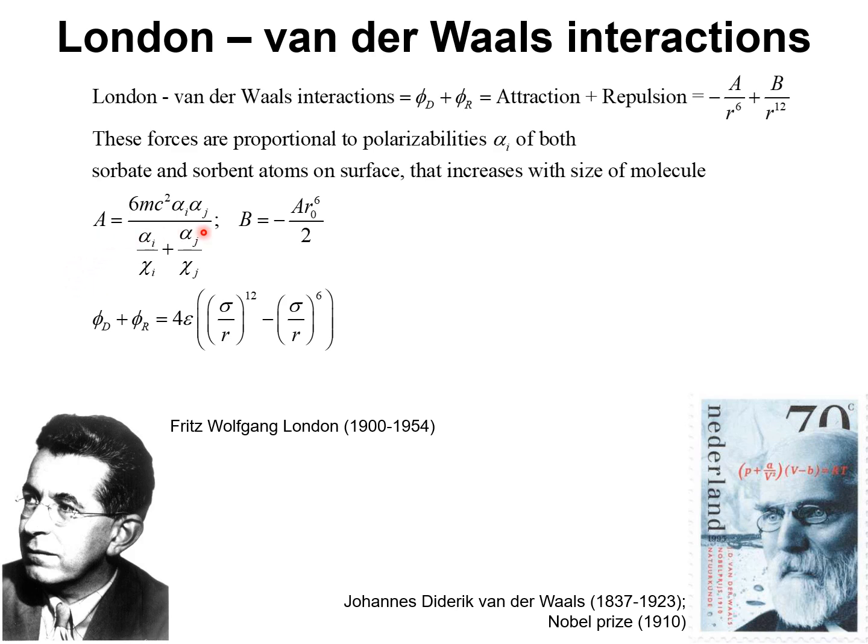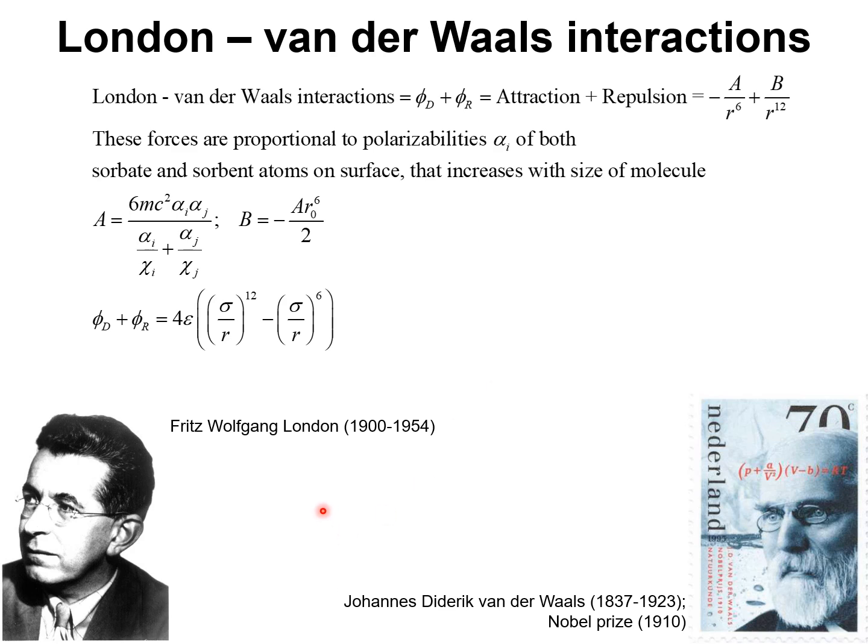The expressions for A and B are provided here, where C is the speed of light, Chi is the magnetic susceptibility. It is very common to write the London-van der Waals interaction in terms of the Lennard-Jones 6-12 potential.